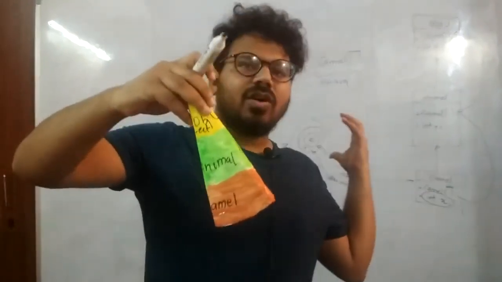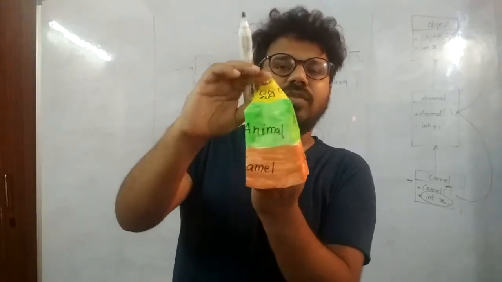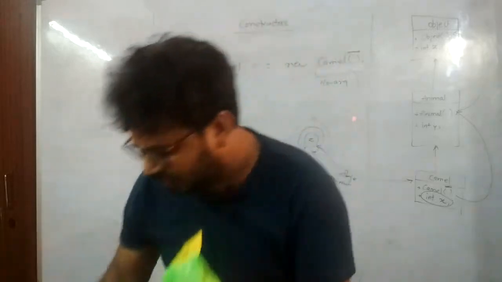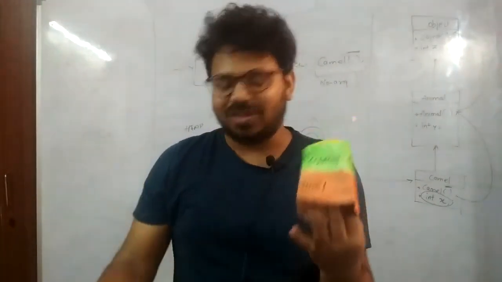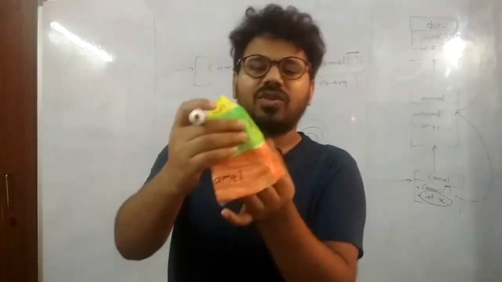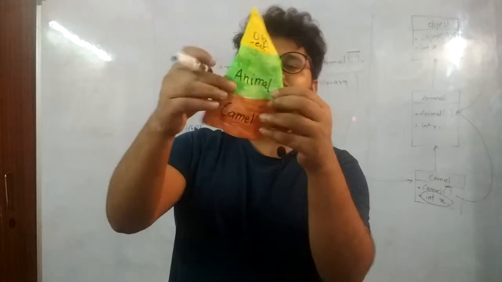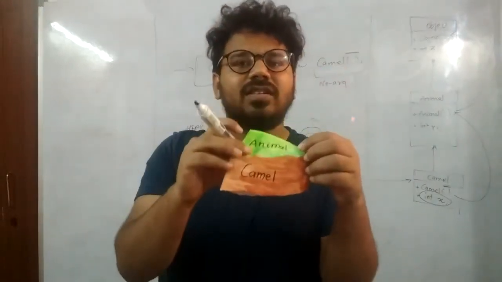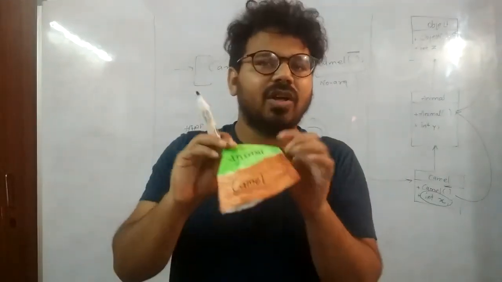If I do not create the object portion, then our camel will look like one without a mouth, and if we do not have the animal portion, our camel will look like this simply. It is not a perfect object, it will not create a perfect object.